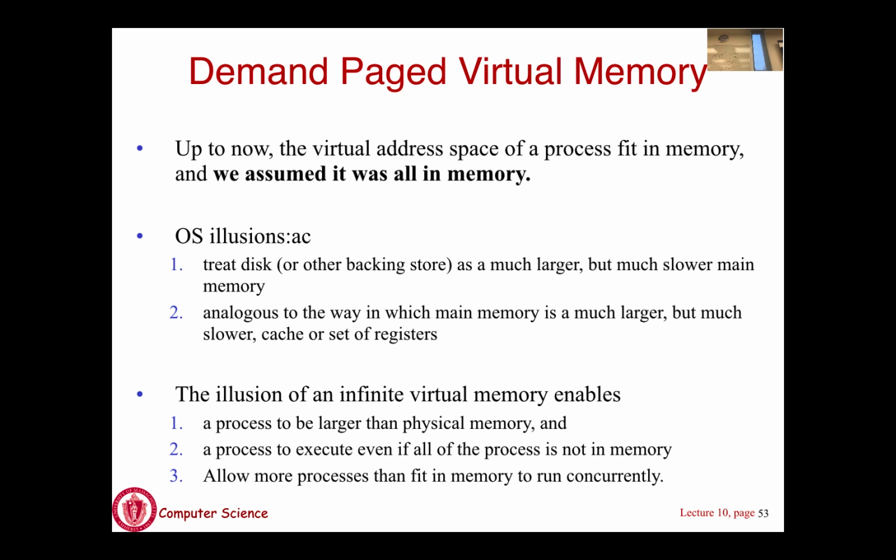So if I only want to keep a subset of a process's pages or segments in memory, I need to make some assumption that there are some pages that it accesses frequently. Those are the ones I'm going to keep in memory. Okay. That's called the working set. Everything else is kept on disk. Okay. So you will essentially have a region of disk called swap space. When you start a process, you will actually copy most of its content to swap space.